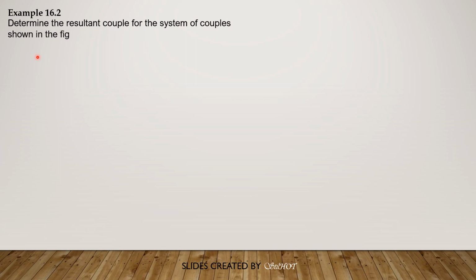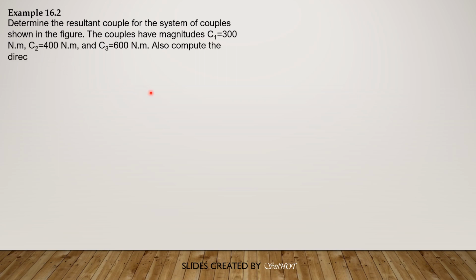So for example 16.2, determine the resultant couple for the system of couples shown in the figure. The couples have magnitudes C sub 1 of 300 Newton meter, C sub 2 of 400 Newton meter, and C sub 3 of 600 Newton meter. Also compute the direction angles of the resultant couple.